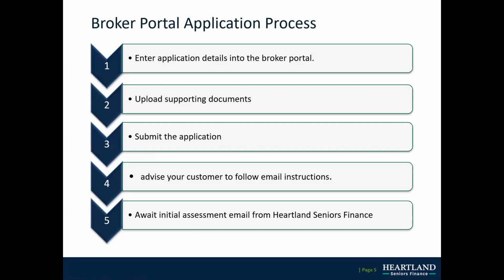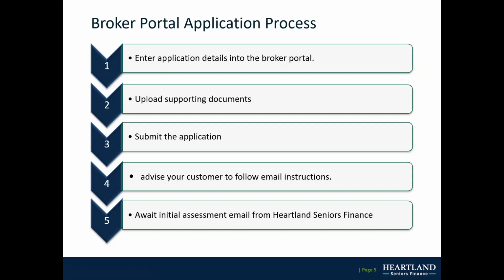All right, before we finish, I just wanted to quickly summarize the entire process. Once you receive a customer that is looking to proceed with a reverse mortgage application, go into the broker portal and create a new application, enter their details, and then once you have gotten to the end, upload your supporting documents. Now remember, you can either upload them using the browse link in the broker portal, or you can send them to applications@seniorsfinance.com.au.